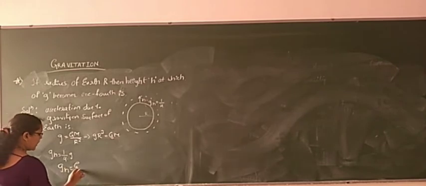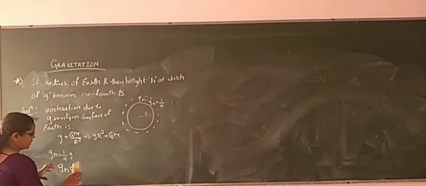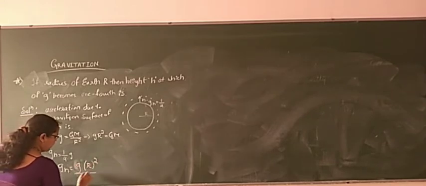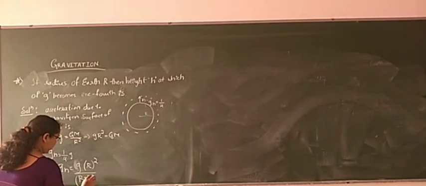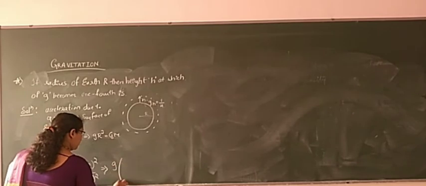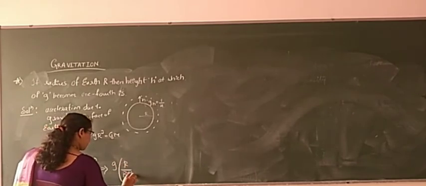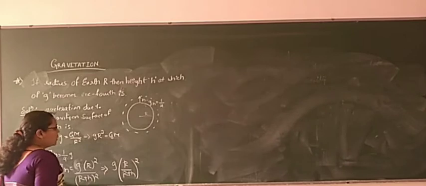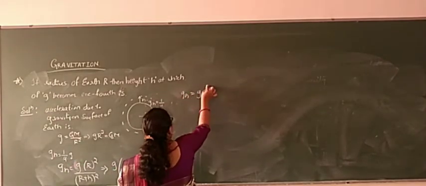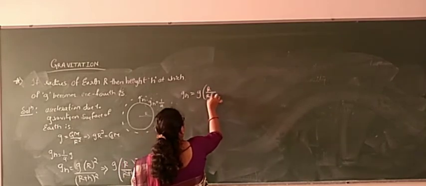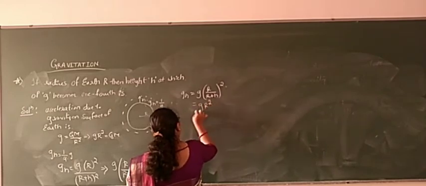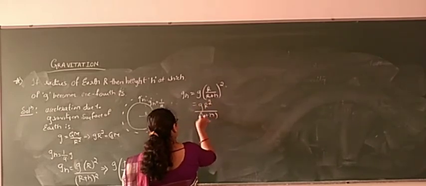We have the formula directly. What is that? That is nothing but g_h = gR² divided by (R + h)².